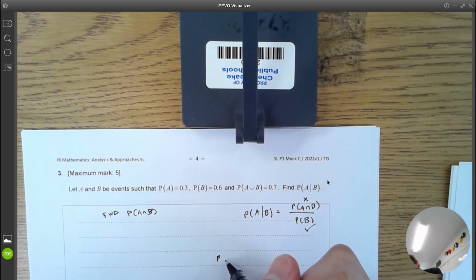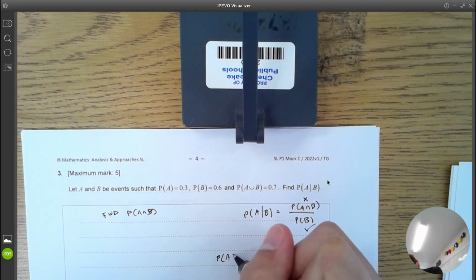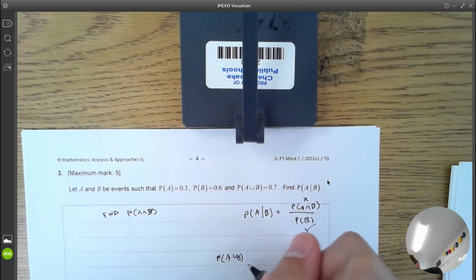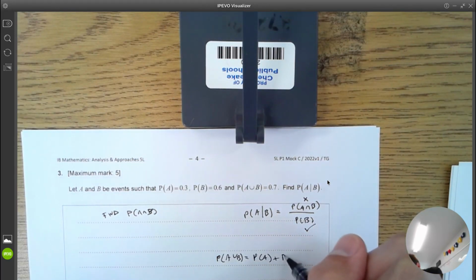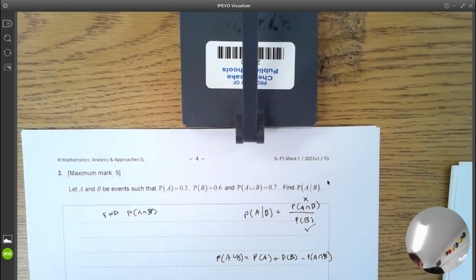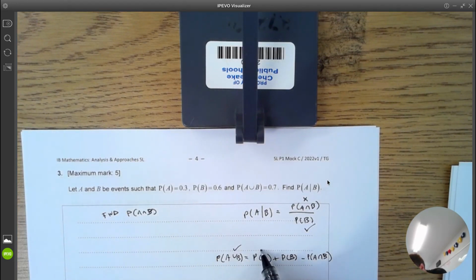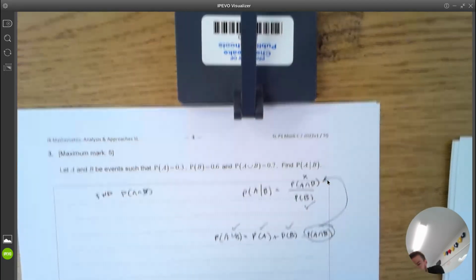I'm going to use the probability of A or B is equal to the probability of A plus the probability of B minus the probability of A and B. And I'm using this formula because I have this, I have this, I have this. That's going to help me find it, and then I can plug it in there once I do that.